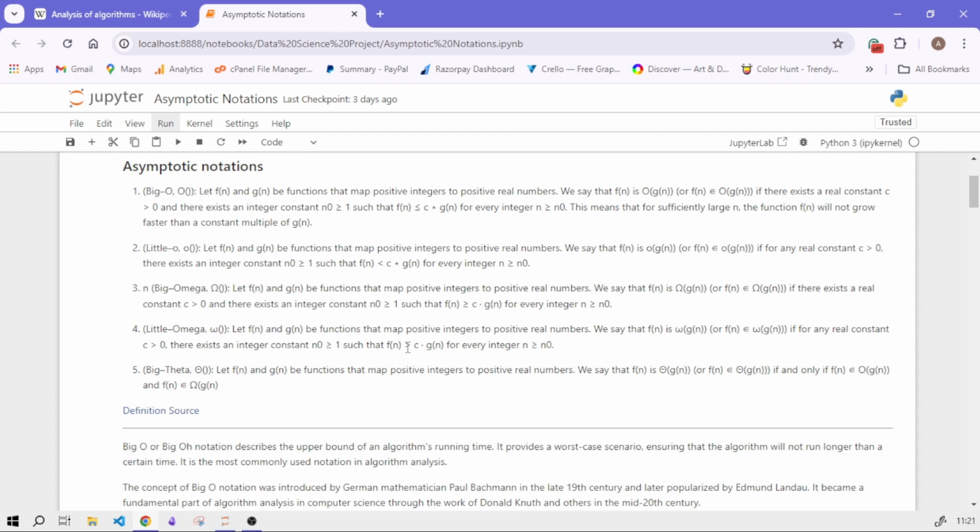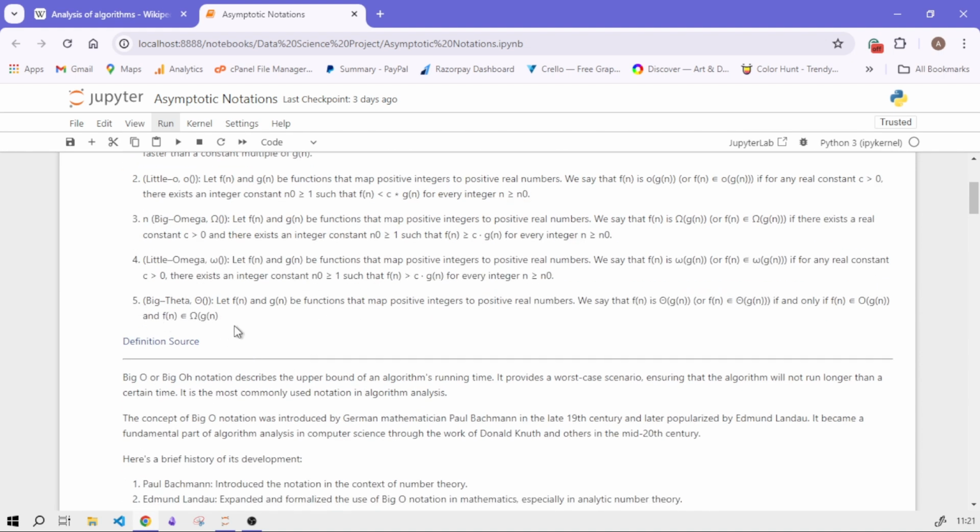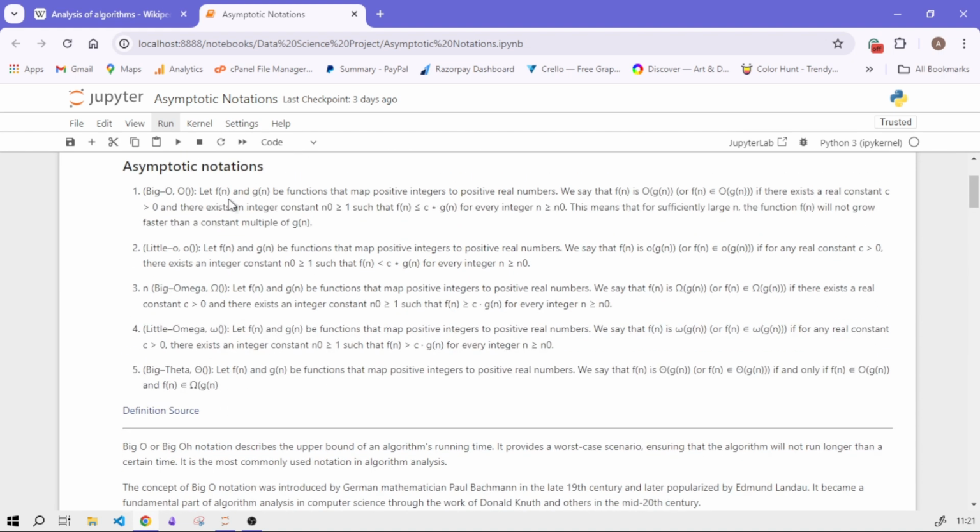In little omega, we have f(n) always greater than c g(n). Now big theta is a combination of big O and big omega. So it belongs to both the cases. This is the difference here.